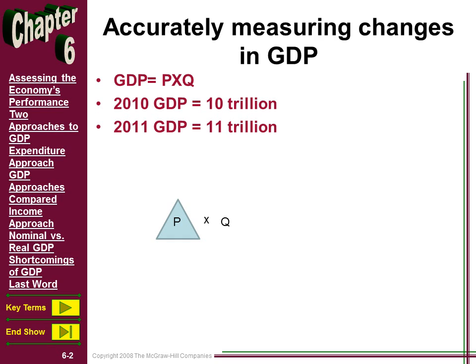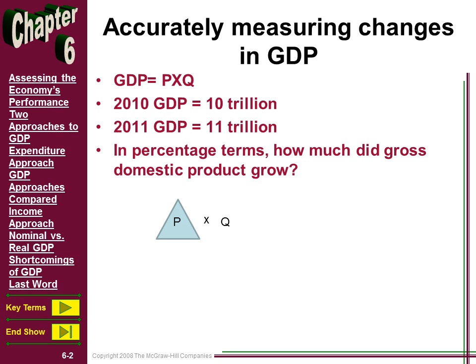How did I get that? Well, you take the 11, which is 1 more than 10, right? You say, okay, so 1 over 10 is 10%, right? But here's the problem. Between 2010 and 2011, the cost of many goods and services is increasing. So we're trying to measure Q. At the same time, we know that P is changing in value.